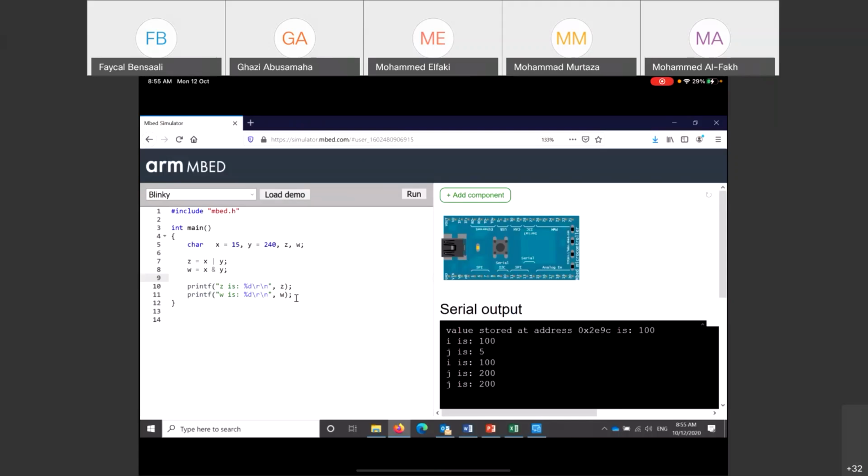So in hexadecimal it would be FF. In decimal, because we are displaying in decimal here, right? It will be 2 to the power of 8 minus 1. 255. Yes. Okay, and the other one?